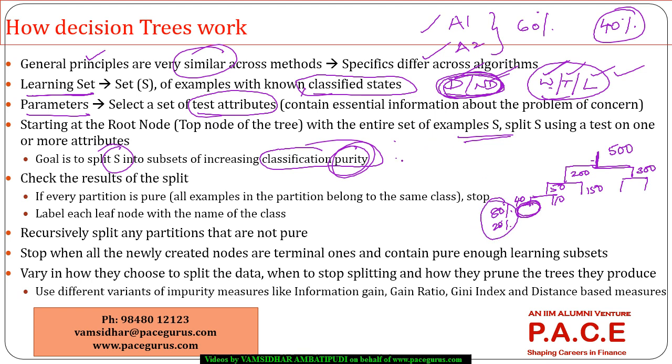There are different measures of purity. Entropy and information gain are some of the very commonly used measures of purity. But let's understand that the goal of any decision tree is to increase the purity of classification.